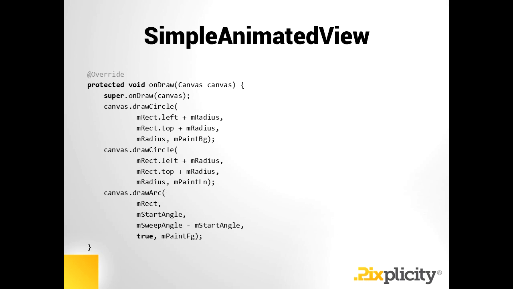Same for the stroke. There's a little darker shade of gray being used for the stroke. And then the arc. And the arc actually takes two values. It takes a starting angle and a sweep angle. And I use a foreground color to fill it up with a nice shade of blue.